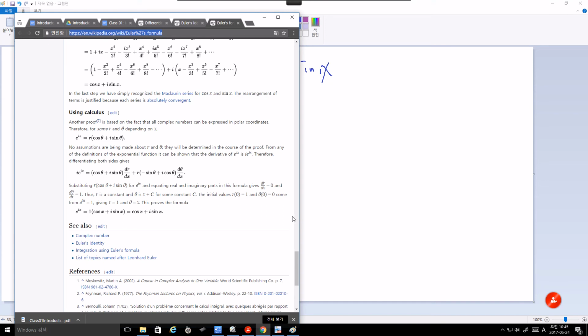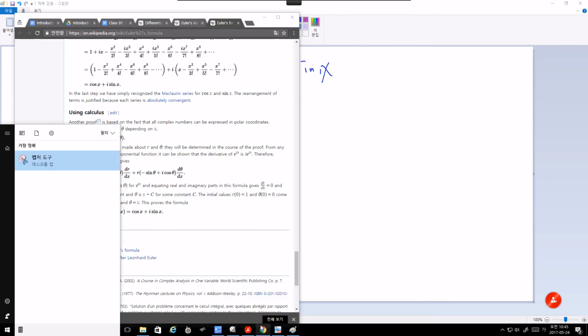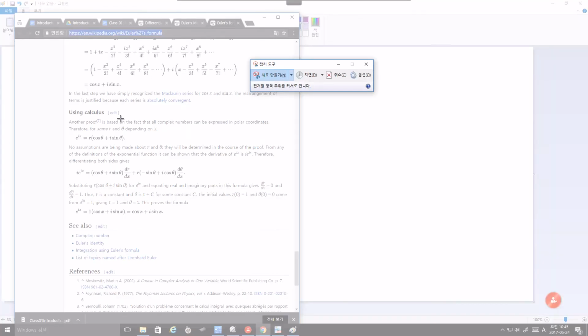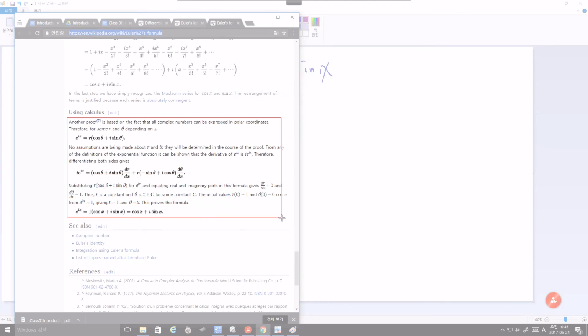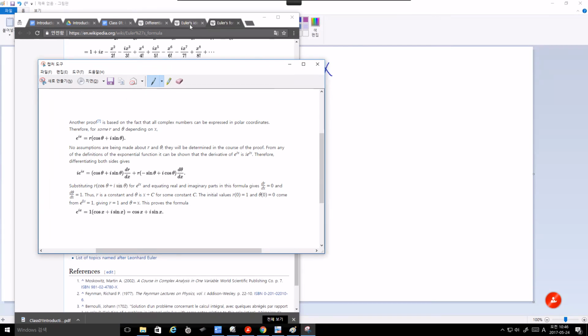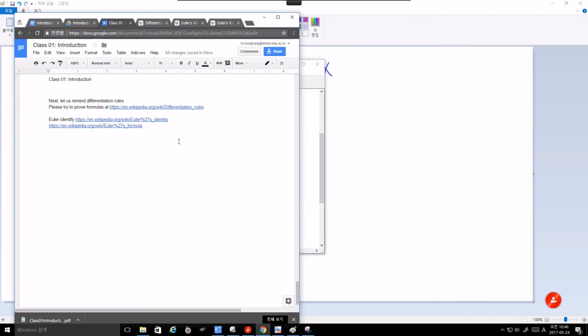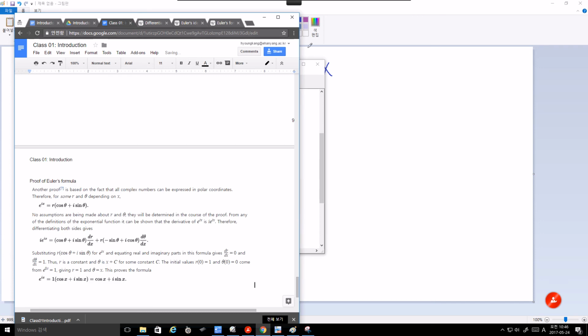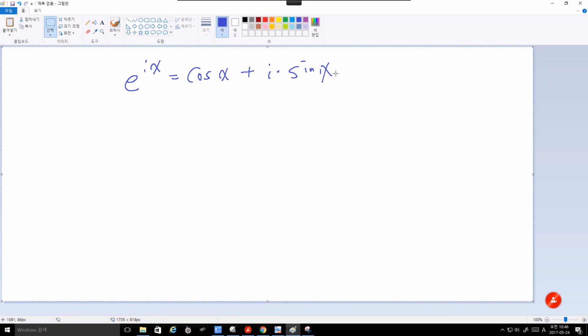This is important, so let me capture this and put it on our class web page. Now, the proof of Euler's formula, and let me copy and paste this over here as well.